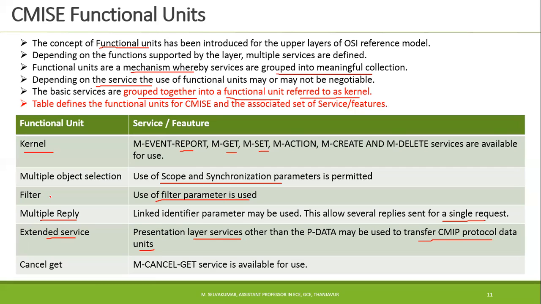This was the end of the topics covered. I hope you all get a clear idea about scoping, filtering, synchronization and functional units. Again, scoping means that with a single request we select multiple managed objects in the managed systems.